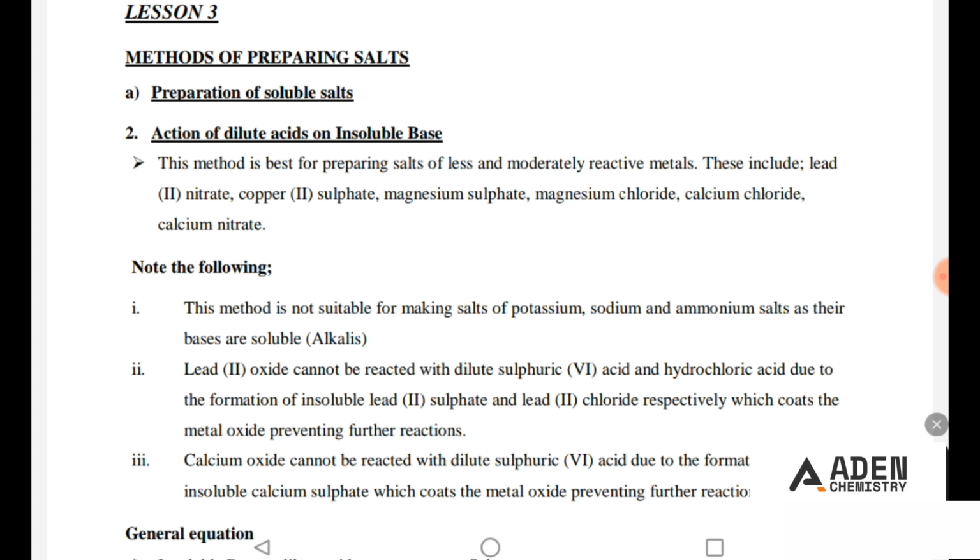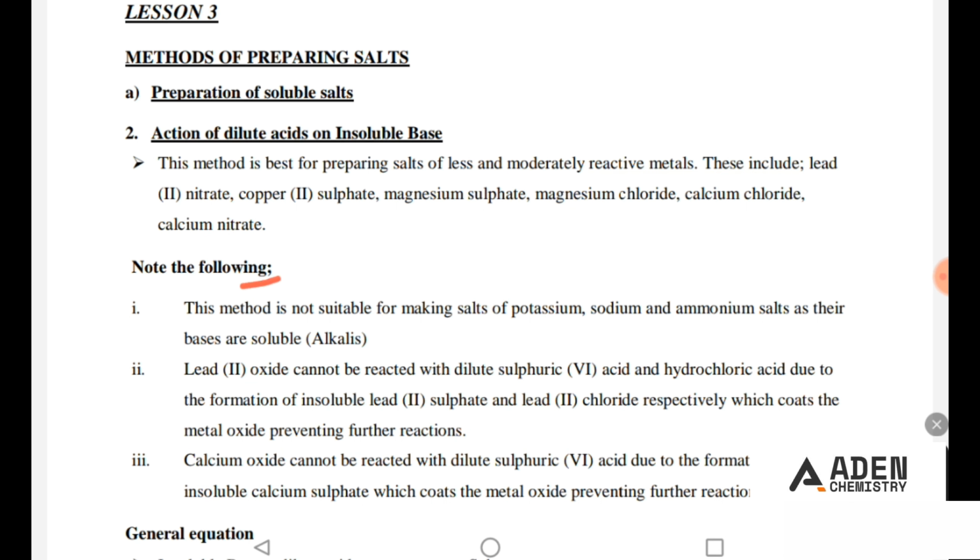This includes lead 2 nitrate, copper 2 sulfate, magnesium sulfate, magnesium chloride, calcium nitrate, and many others. So this method is suitable for preparing salts of less reactive metals such as copper, lead, and moderately reactive metals like zinc, magnesium, iron, those ones.